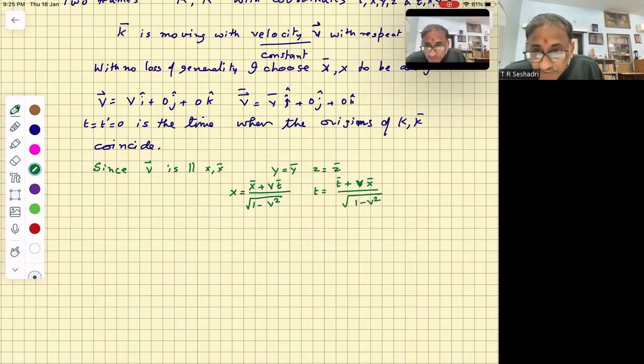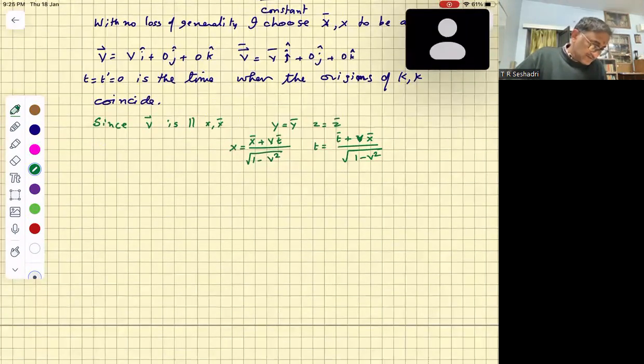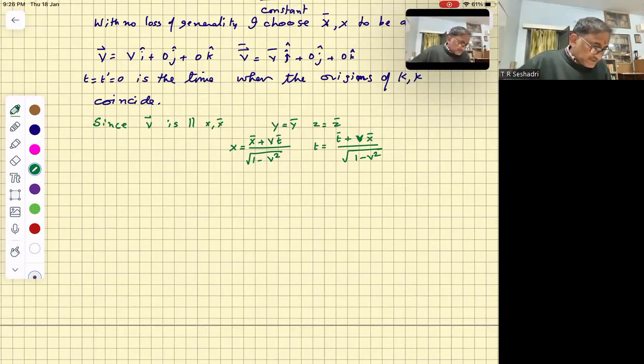Okay, so this we did last time, right? So you remember that. Now here V is dimensionless because it is the ratio of V by C, and C is taken to be 1.